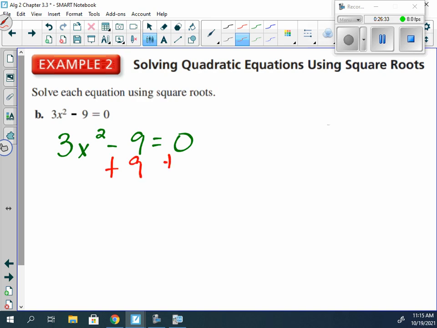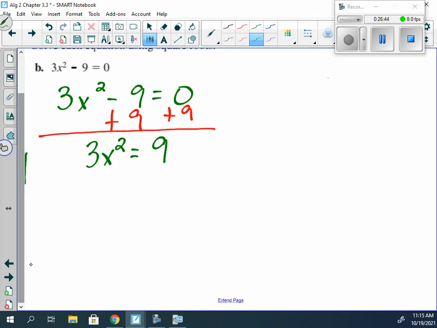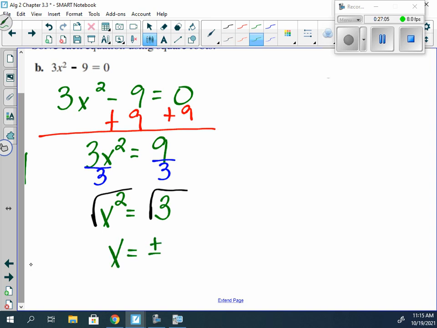Add 9 to both sides, which will tell us that 3x squared is equal to, and this will tell us that x squared is equal to, x is equal to plus or minus 1.